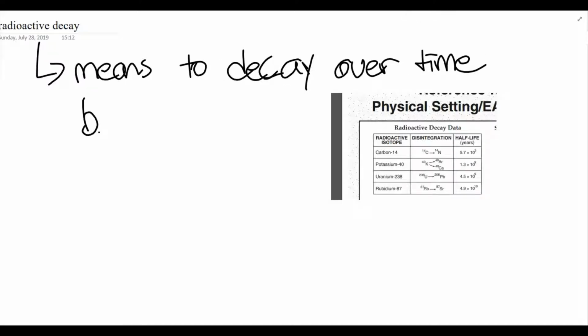So this chart on the front of our reference tables is going to help us a lot. Certain elements decay over time. The elements that do this are on the front right here. So carbon-14 is one of them.